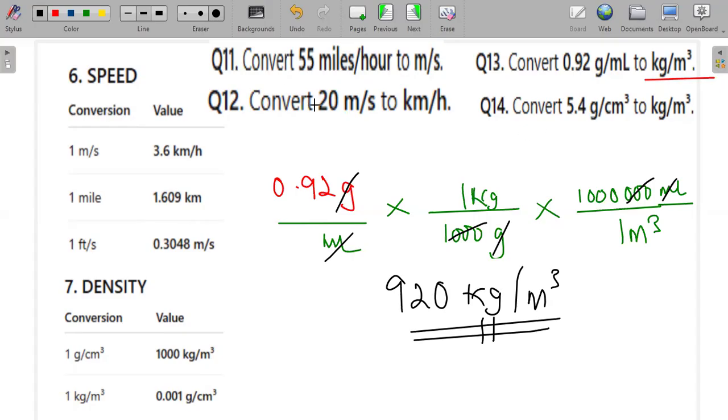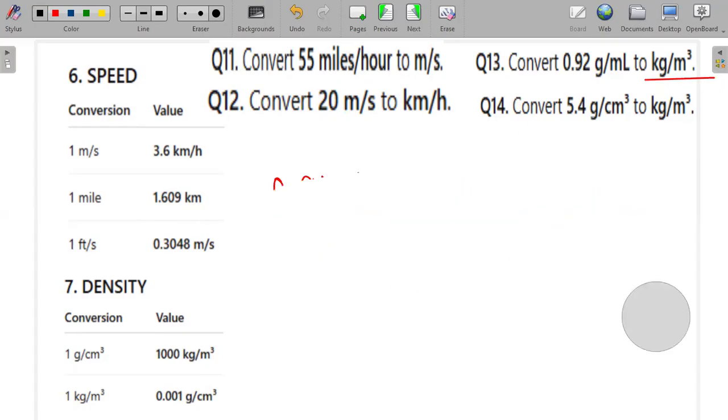And then we look at the last one, which is question 14. Then I have an assignment for you guys that you can practice. This one is 5.4 grams per cubic centimeter. I want to convert this to kilograms per cubic meter.